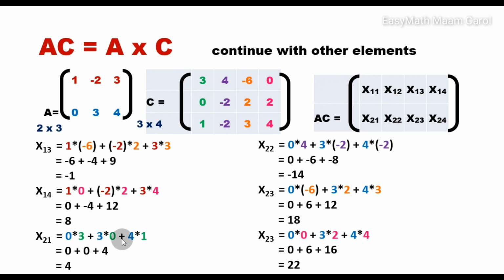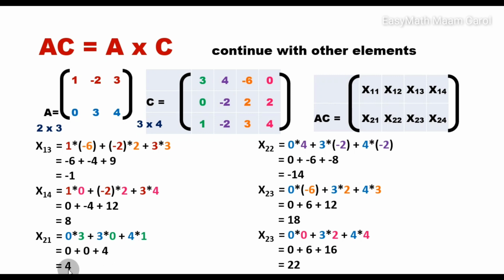And then, ngayon, proceed na tayo dun sa second row ng A. So, ganun ulit. I-multiply natin ulit siya isa-isa dito. Yan, ganun siya kahaba. So, magkakaroon tayo ng 0 times 3, 3 times 0, 4 times 1. So, yan yan. So, we have 0 plus 0 plus 4. This is simple enough.